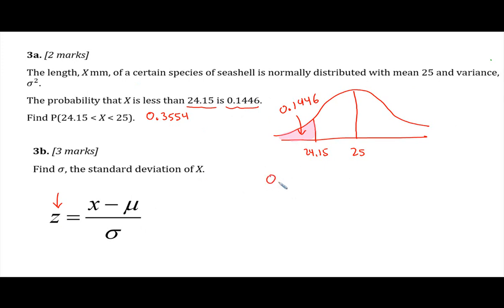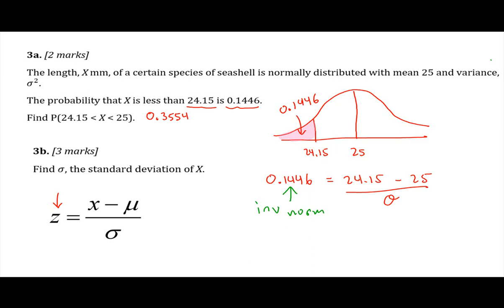So we have 0.1446 is equal to our x value 24.15 minus the mean, which we know, divided by the standard deviation. When you're using this formula, you need to calculate the inverse normal of this value, because that's going to give you the standard deviation that we need.